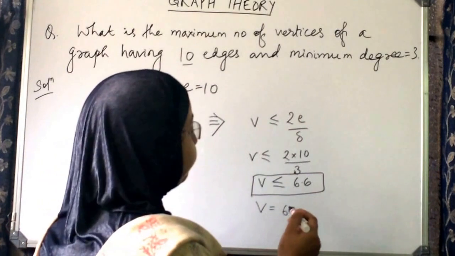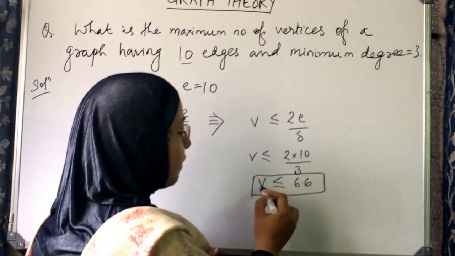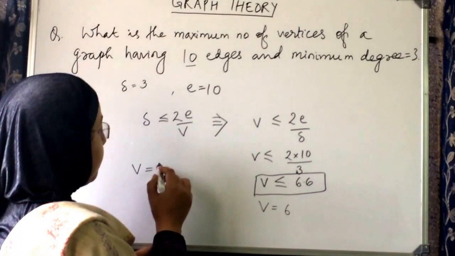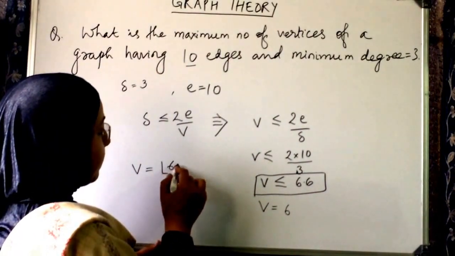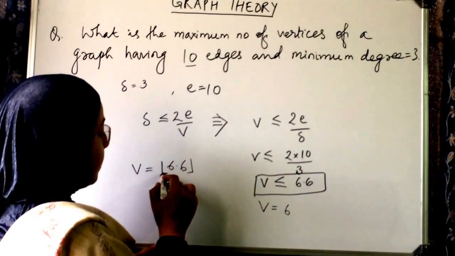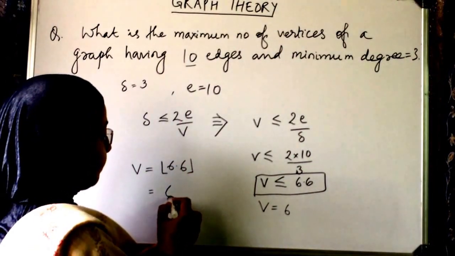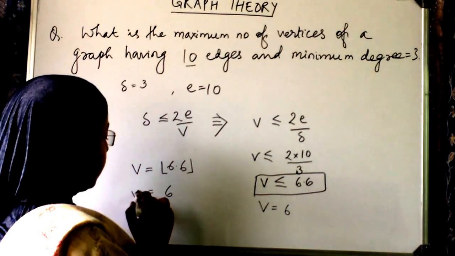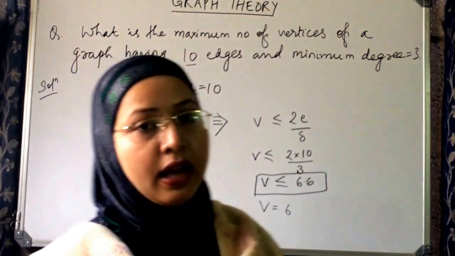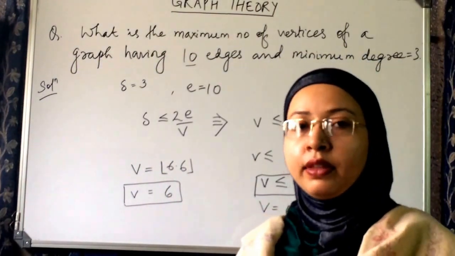How do you find it? In case of less than or equal to, we use the floor function, which is the nearest lowest integer. So v should be 6. The maximum number of vertices can be 6.